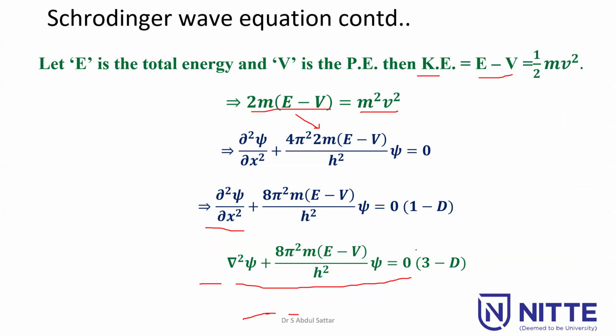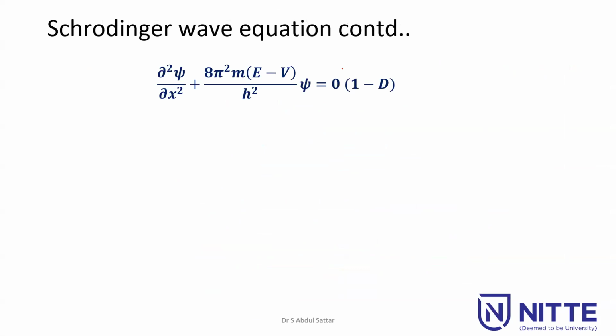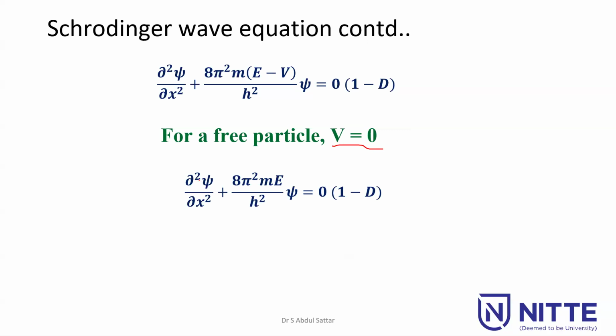If you take a free particle, and the question asks you to find the Schrödinger time independent wave equation for a free particle, in case of a free particle, what about potential? Potential becomes 0. So put V equal to 0, then the equation becomes ∂²ψ/∂x² + 8π²mE/h² ψ = 0.